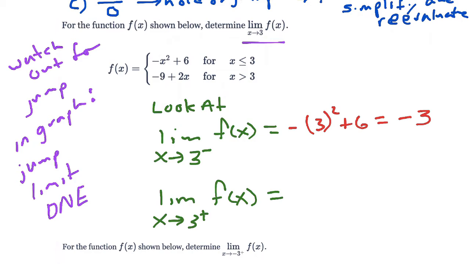If we look at the limit as x goes towards 3 from the right side, a number bigger than 3, now we're going to use the bottom function. We have negative 9 plus 2 times 3, which is equal to negative 3.